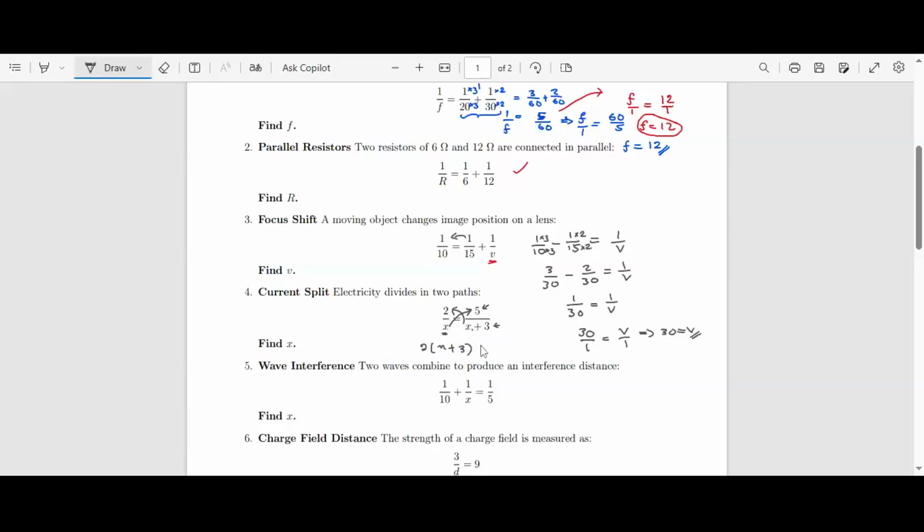And x comes to the other side: x into 5, 5x. Now you have brackets, so you multiply both expressions inside the brackets by 2. So 2x plus 2 into 3 is 6 equals 5x.